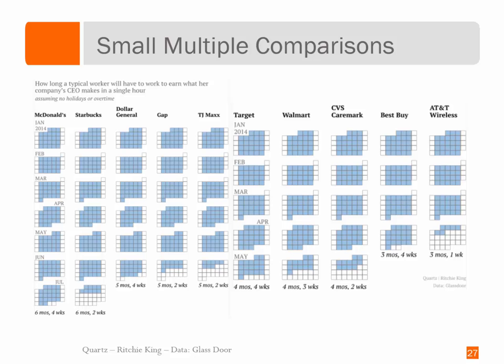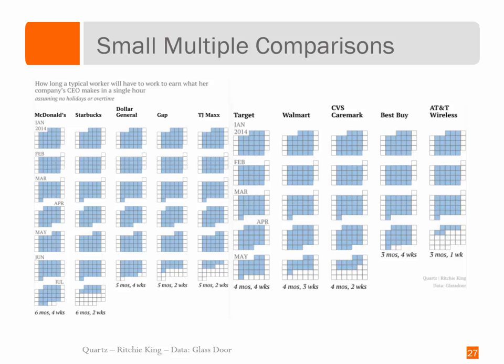And we see here that the average worker at McDonald's, it would take them 6 months and 4 weeks, so basically half the year, to earn what their CEO earns in an hour. We progress through Starbucks, Dollar General, Gap, TJ Maxx, Target, etc. And we'll look at the example over on the right, AT&T Wireless.